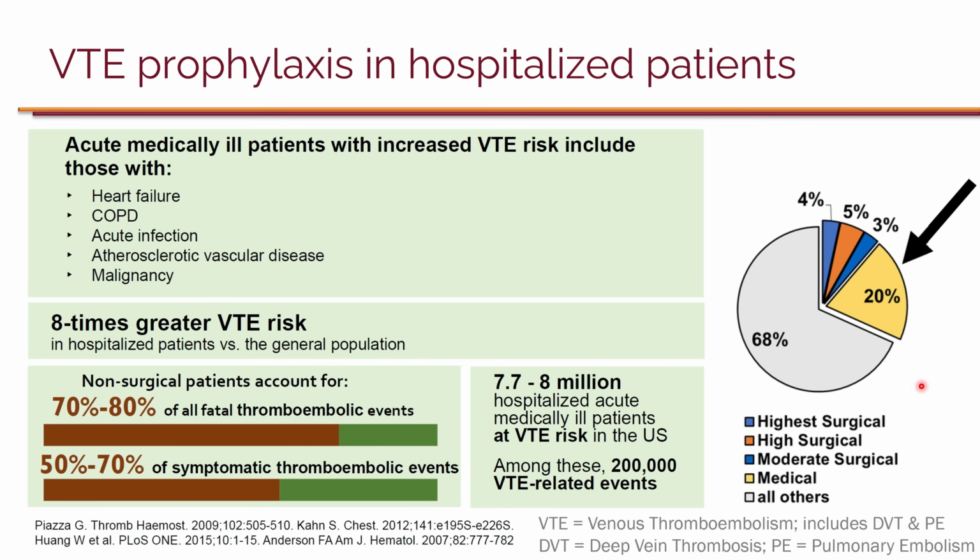When you look at this chart, you can see that a good chunk of VTE, about 20%, is due to hospitalized patients for medical reasons. And by medical, we're referring to things like heart failure, COPD, acute infection, vascular disease, and malignancy.